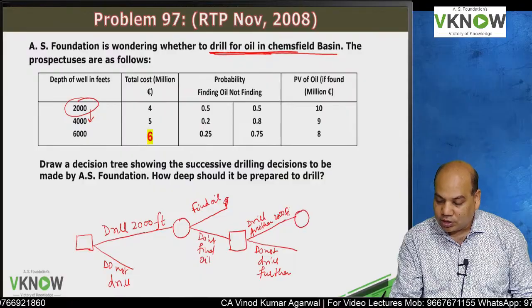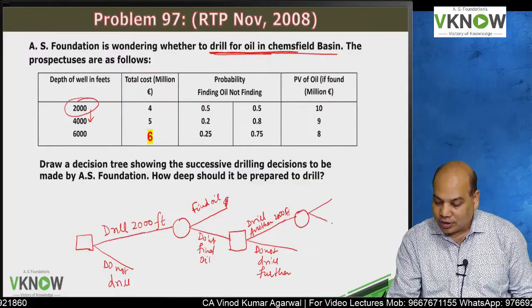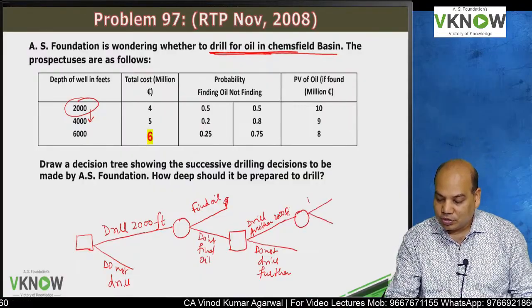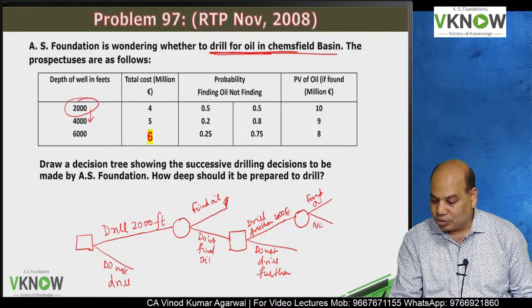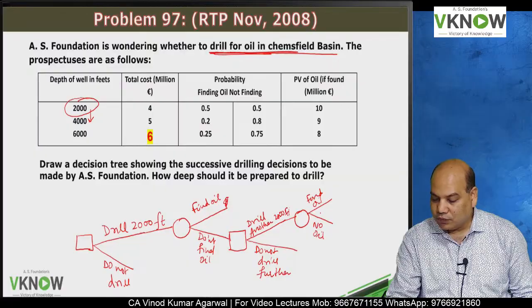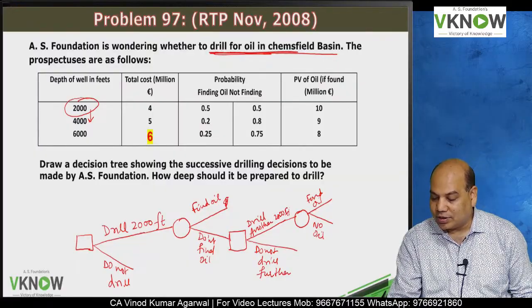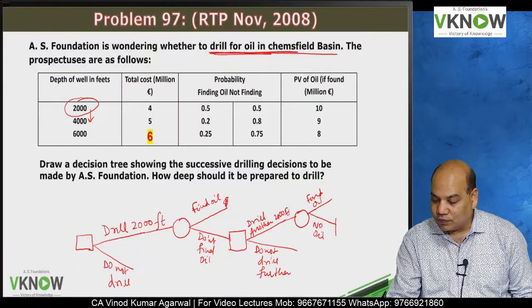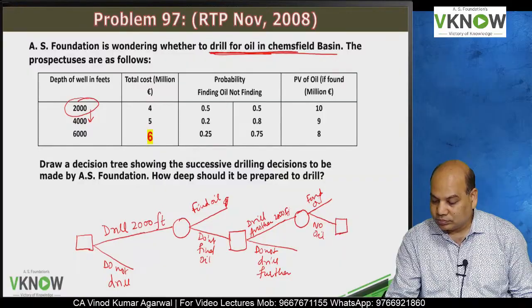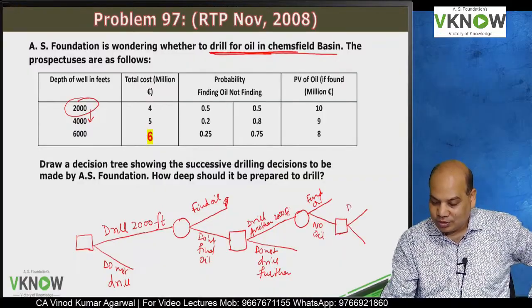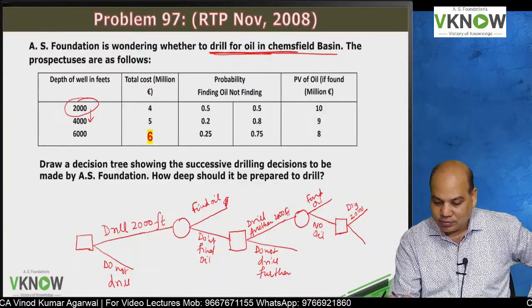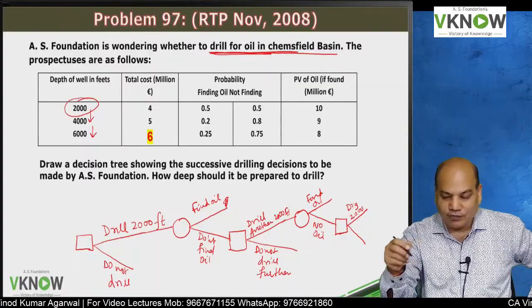If you drill another 2000 feet, again you have two possibilities. You may find oil or no oil. If you find oil, the matter ends there. If you do not find oil, again you have to take a decision to dig another 2000 feet.